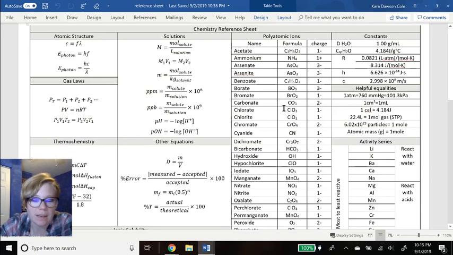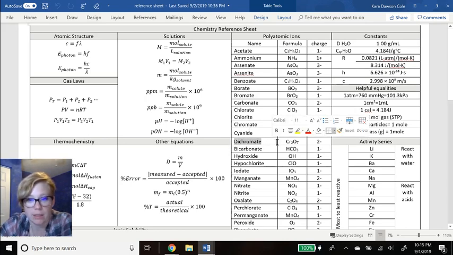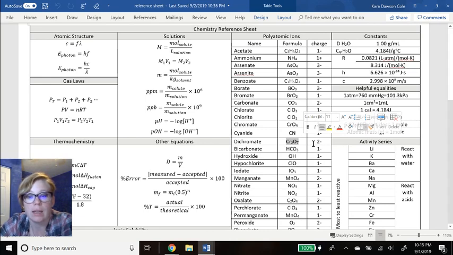Also, if I can't find one on the periodic table, most likely it comes from the polyatomic ion sheet. So dichromate is Cr2O7. We do not change this formula. It has a 2- charge.